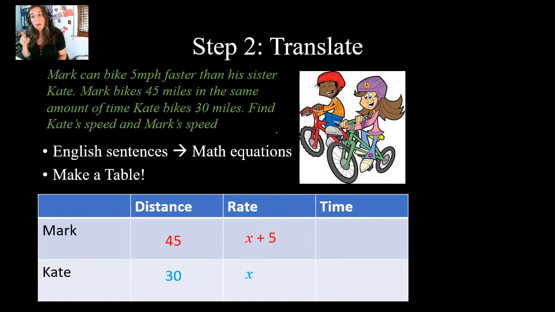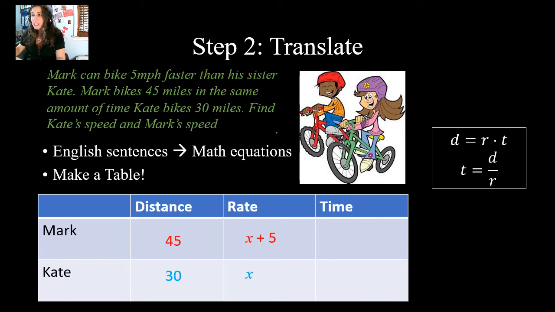And I don't know if you remember, but on the first slide, I said we were going to be using this handy dandy formula. Distance equals rate times time. All right? This is a formula used in math, used in physics, used in all kinds of things. So we can solve for time using this formula.